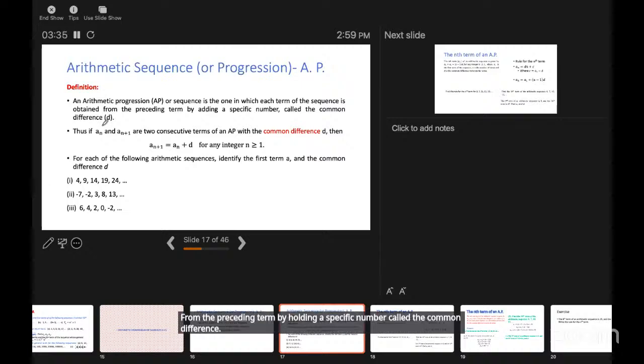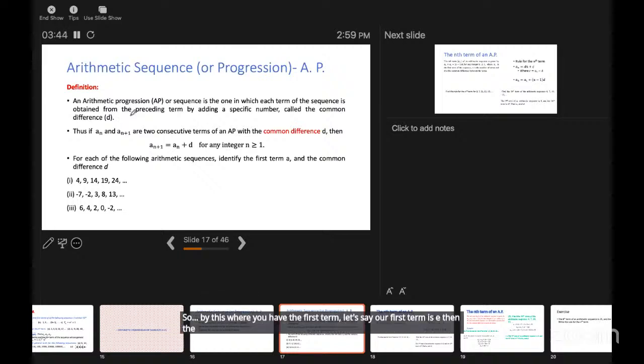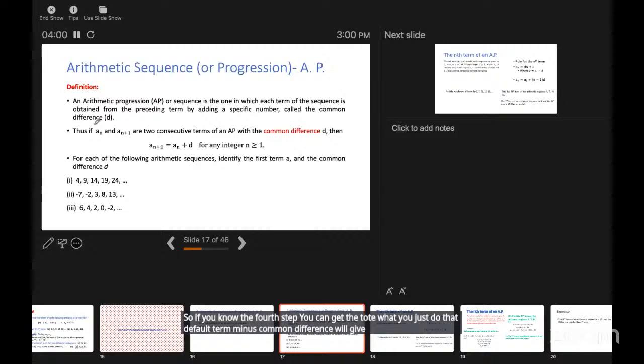So when you have the first term, let's say our first term is A, then the next term you get by adding the common difference to the first term. Your second term will now be A plus the common difference, A plus D. So if you know the fourth term, you can get the third term. What you just do is the fourth term minus the common difference will give you the third term. These are things that you should know about AP.